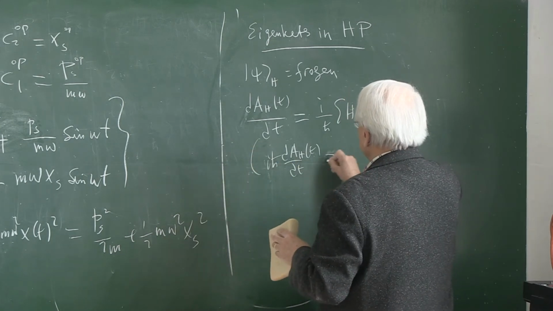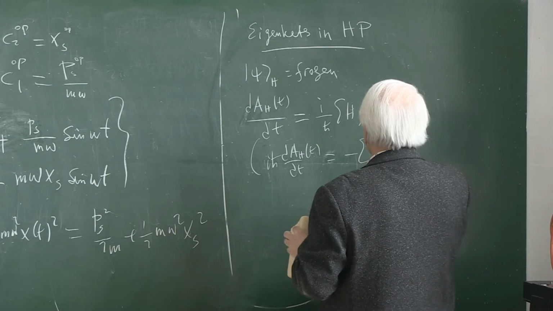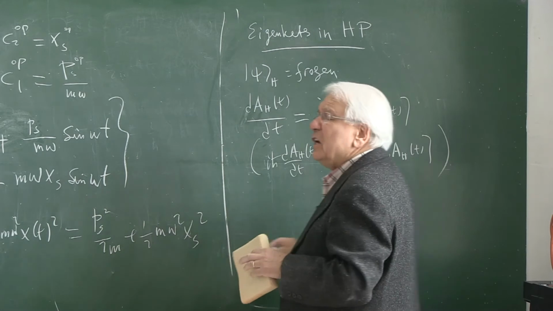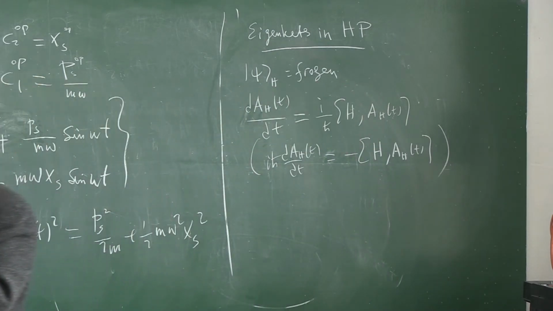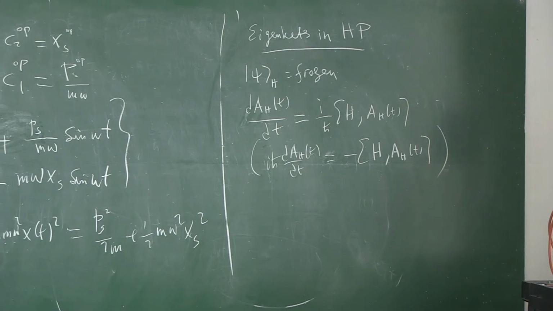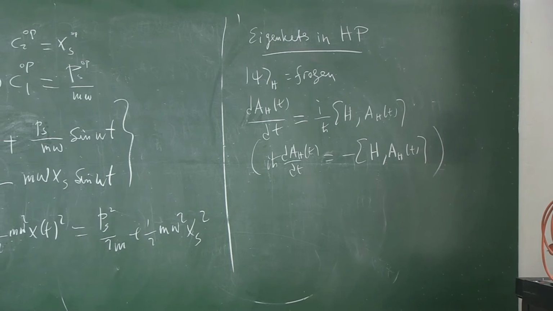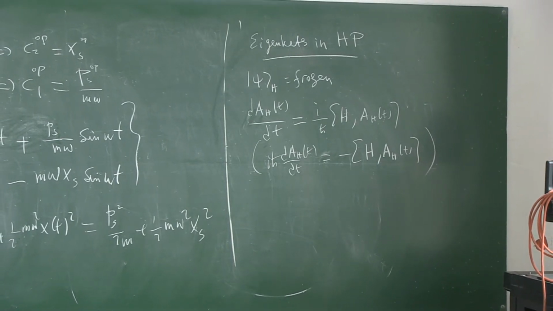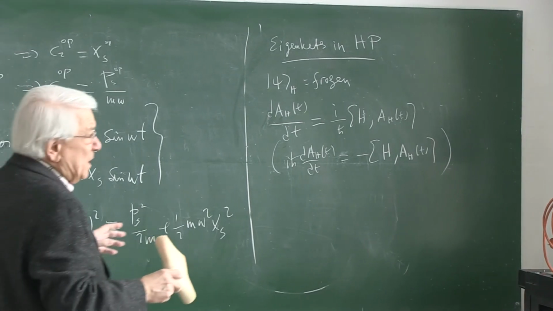Anyway, if you want, it is a Schrödinger-like form. Perhaps that's the only thing. i h bar d psi dt was the Schrödinger equation for the states. It's i h bar d A dt. It's the minus H with A_H. So you have to remember this.